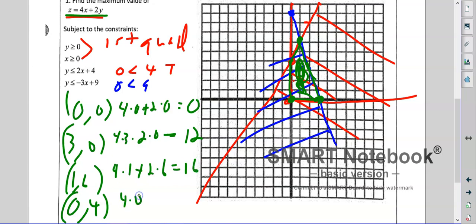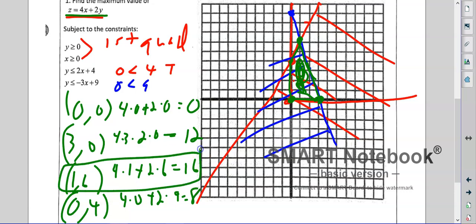And 4 times 0 plus 2 times 4, which will give me 8. Now we're looking for maximum, and we say the max is at 1, 6.